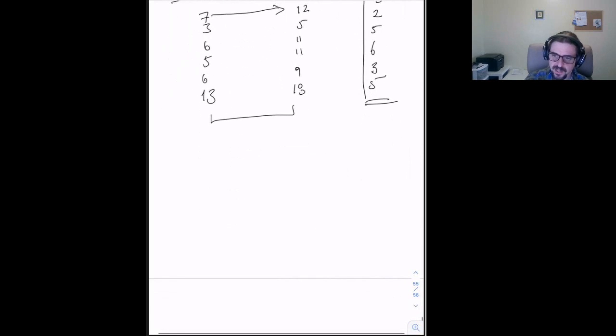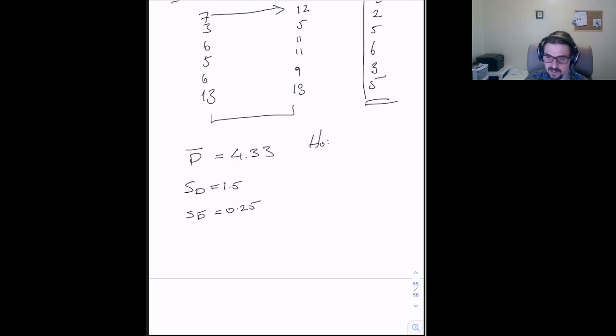If I do that, you will see that the mean difference is going to be 4.33, and the SD, standard deviation, is going to be 1.5, and my standard error is going to be 0.25. The H0, my null hypothesis, says that the difference is 0, meaning that there's no change between before and after drug treatment.